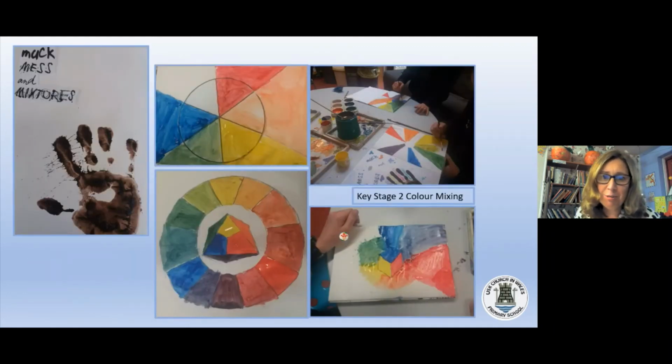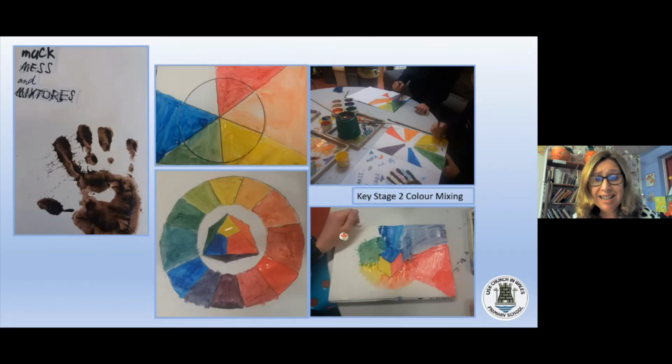This term, our topic is based around colour. So we've been doing muck, mess and mixtures as our theme. We've been mixing colours, and you can see the children have recorded it in many different ways across the whole of Key Stage 2, going from Year 3 up to Year 6.